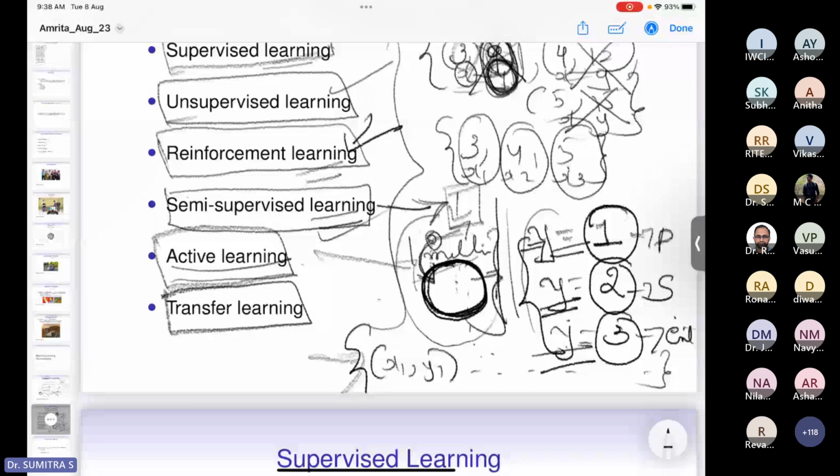we have developed a model for some task. For example, I have developed a model to detect cancer. Now I am given another task: to develop a model that can identify rheumatoid arthritis, for example.